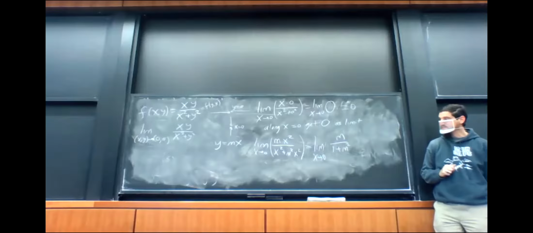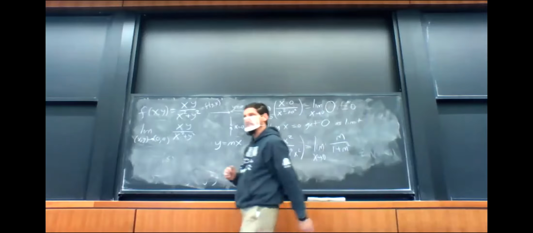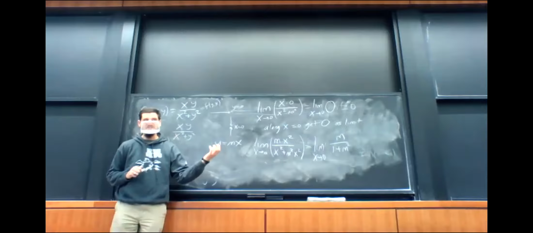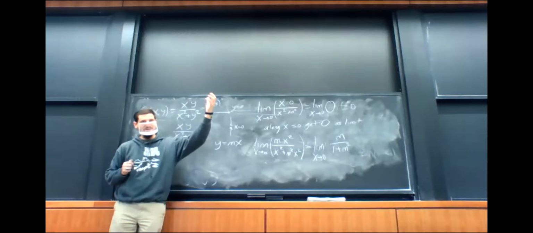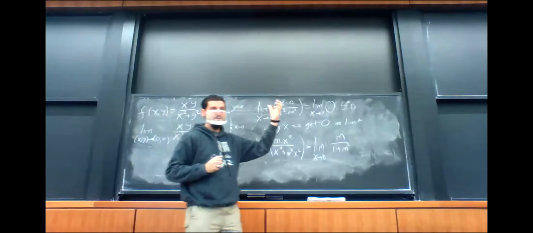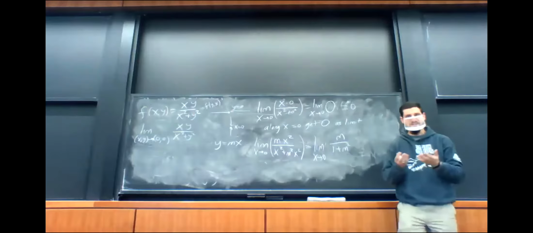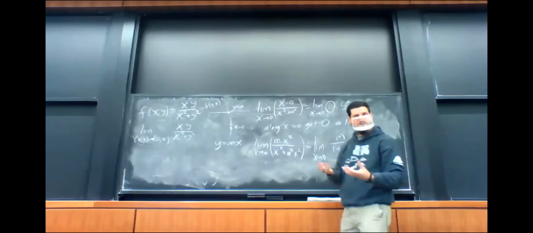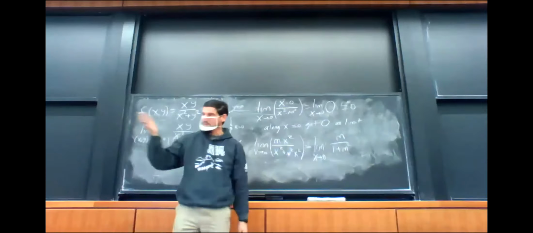And now we see that the answer depends on the slope of the line. Different slopes will give you different limits. It is possible for me to give you a function which has the same limit along all lines, but a different limit if you go along a curve, not a line. Say y equals x squared, a parabola.